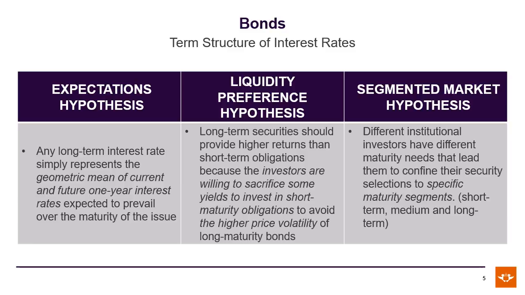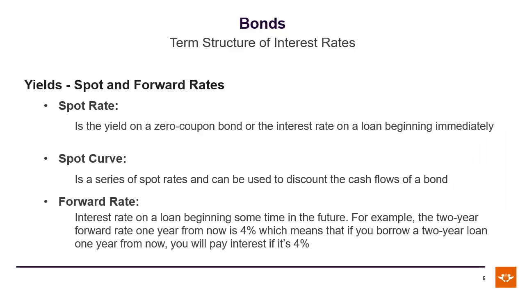We're going to look now at spot and forward interest rates. The spot rate is the yield on a zero coupon bond. A zero coupon bond is a bond which pays no interest, or the interest on a loan beginning immediately, that is beginning today. The spot curve is a series of spot rates and can be used to discount the cash flows of a bond.